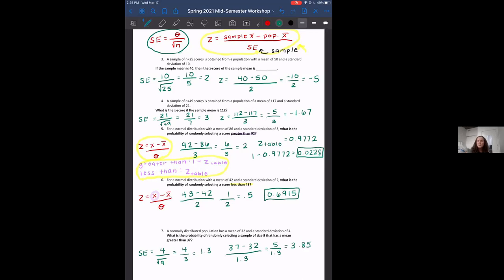Okay. So this is probably off your Z table, right? 3.85 is not on your Z table. Or if it is, tell me what you get on there.